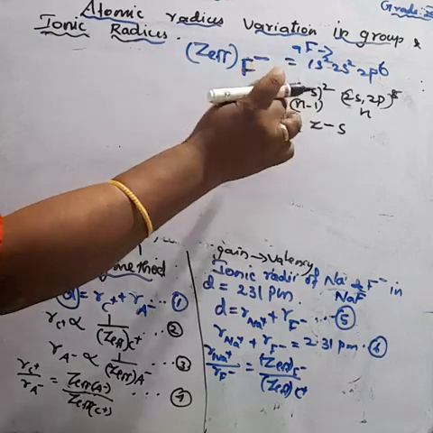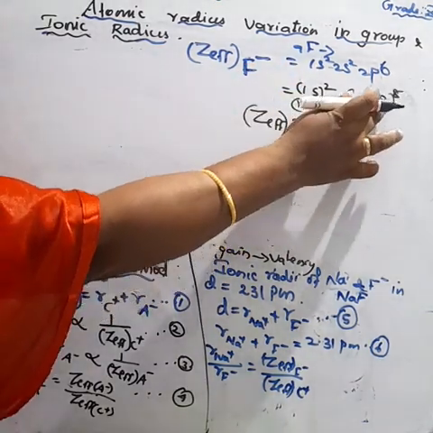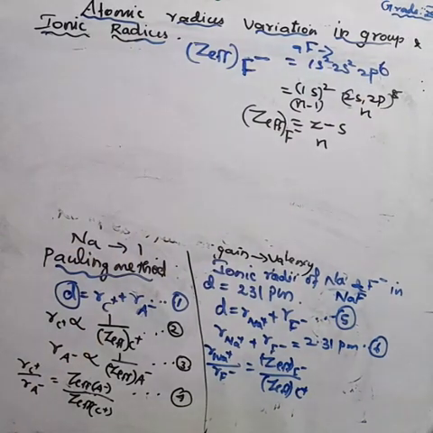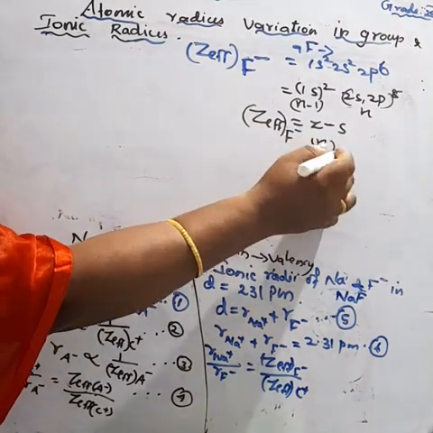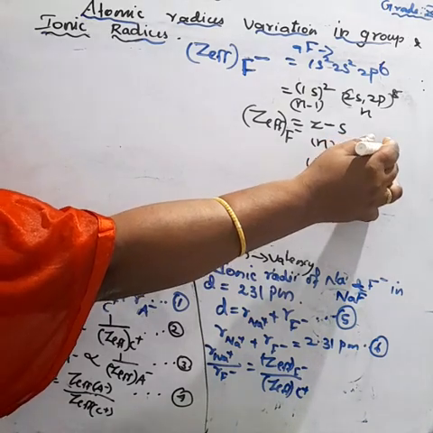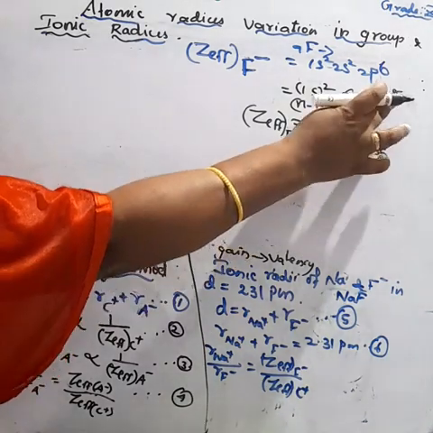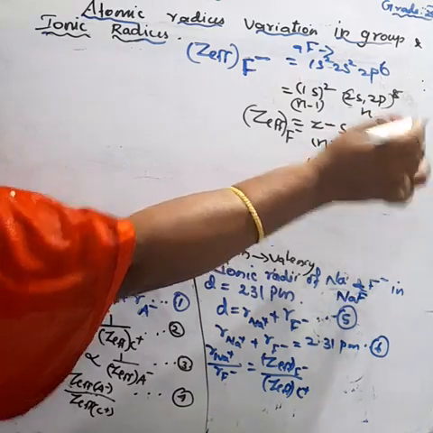For the last orbit, which electron we are going to calculate, we take it as n, and the shell before that as n minus 1. What is the value for the s and p orbital? That is 0.35. How many electrons are we having here? 8 electrons, so we have to take 1 electron minus: 8 minus 1 is equal to 7 electrons.